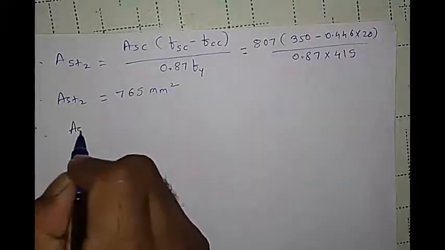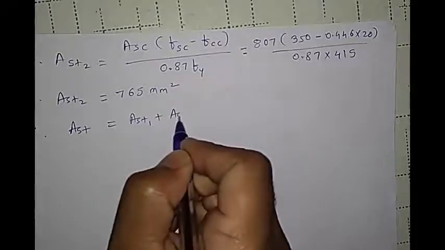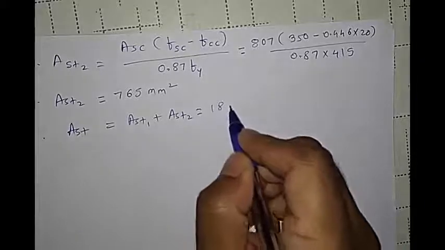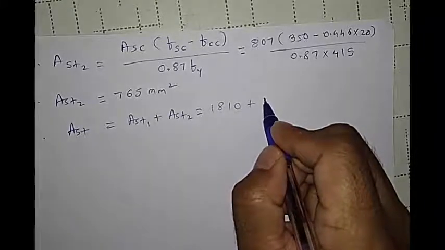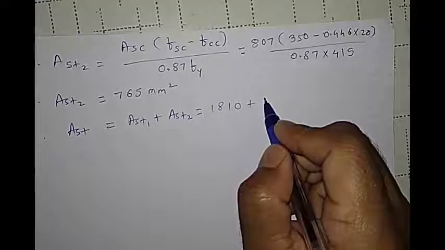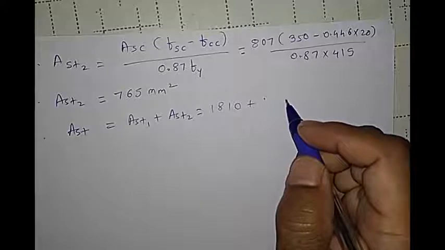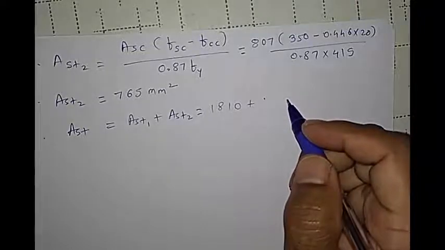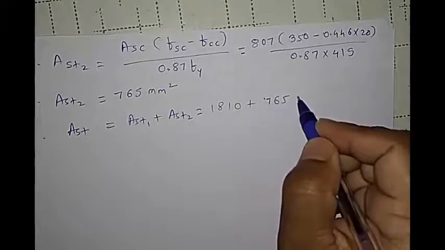And therefore now AST, that is total AST, will be equals to AST1 plus AST2. AST1 we have already calculated, that is 1810, plus AST2 we got, that is 765.